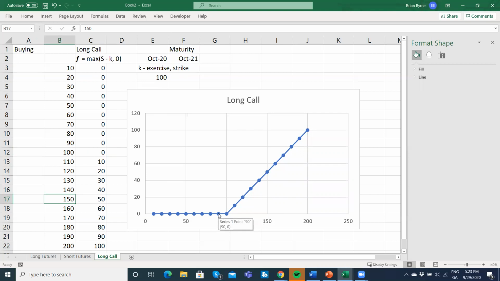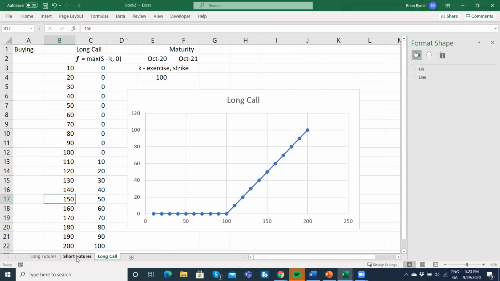If it goes below, you throw away the option. If it goes to 200, you make 100 profit. And the difference being defined as S minus K, where S denotes the underlying asset, the spot price at termination. Okay, now there is also a discussion in terms of European and American options. European options can only be exercised at maturity.